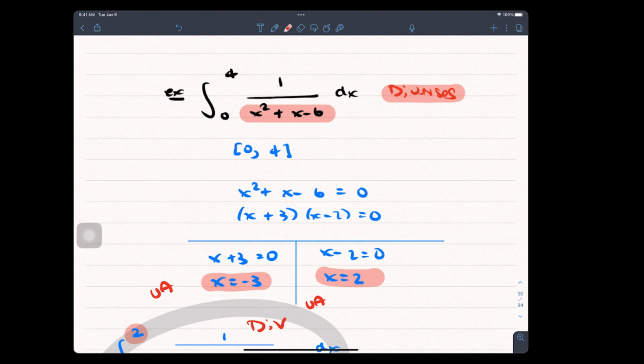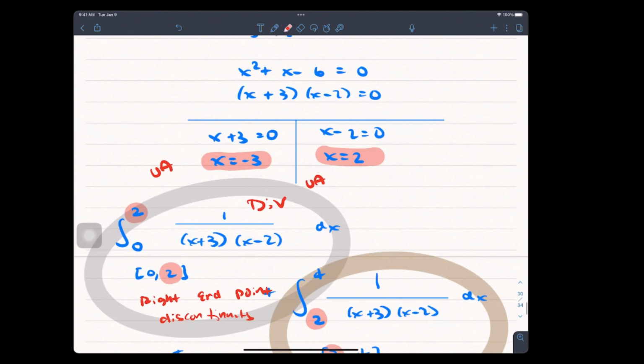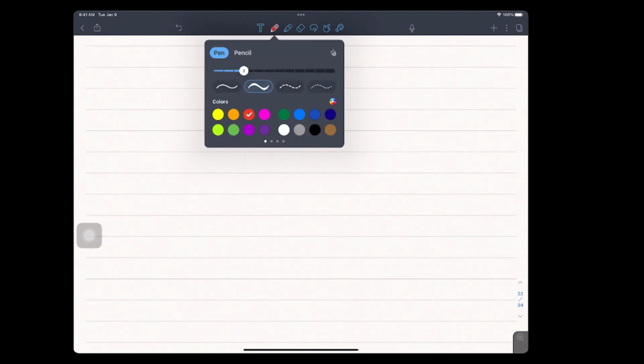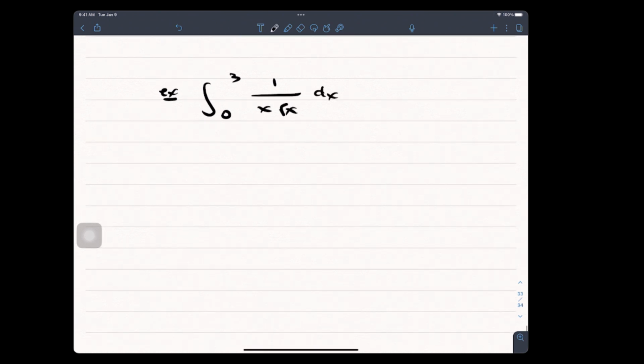Try to see some more. Okay. How about something like this? This is kind of a nice, simple question. Okay. And what do I mean?